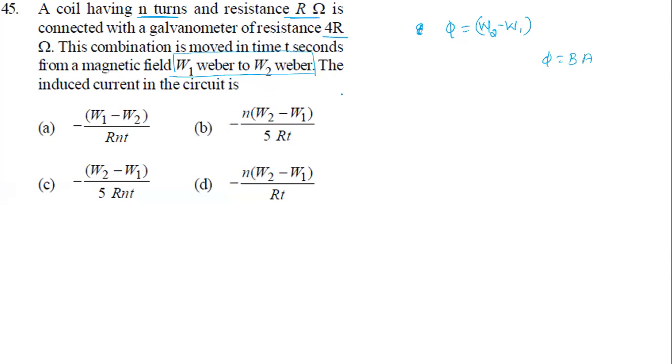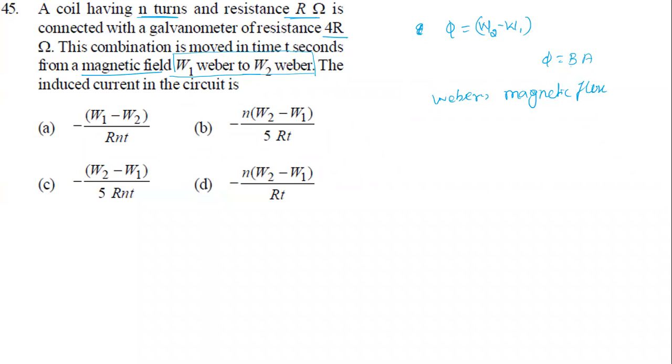That's what they have given. Look now, Weber indicates what, students? They gave the magnetic field, so be careful, but Weber is a unit of magnetic flux, right? Yes or no?